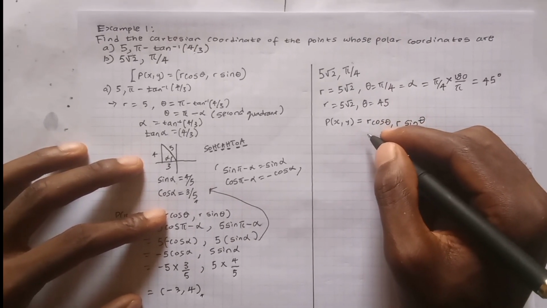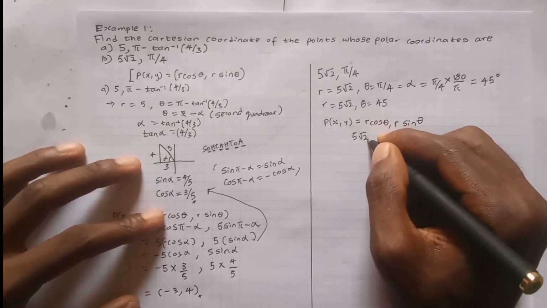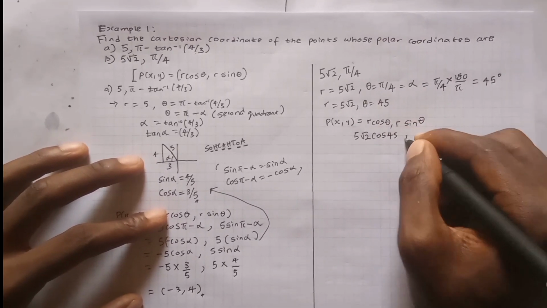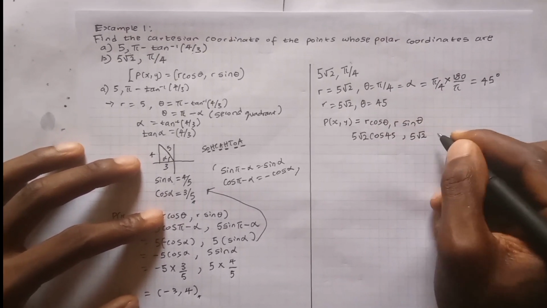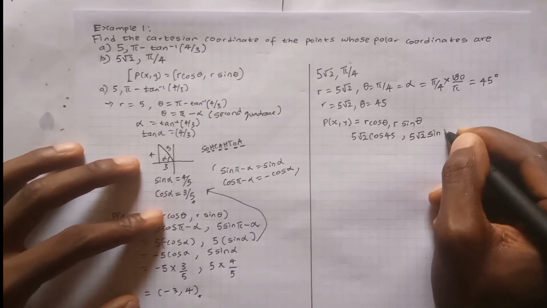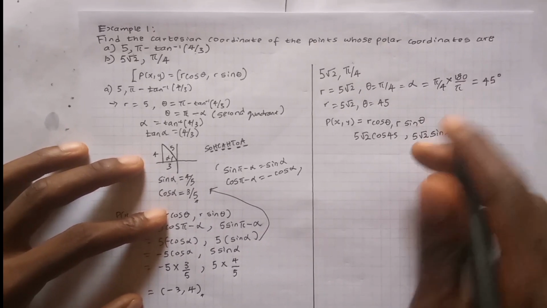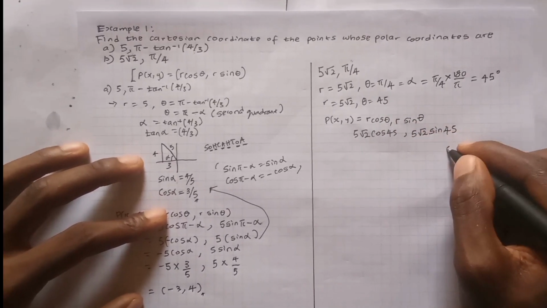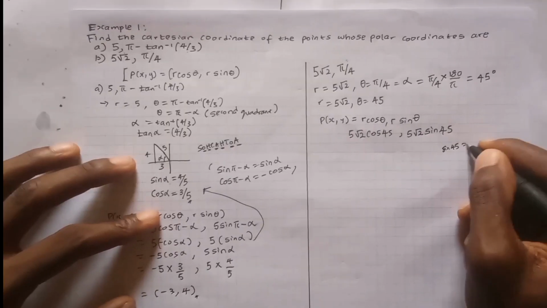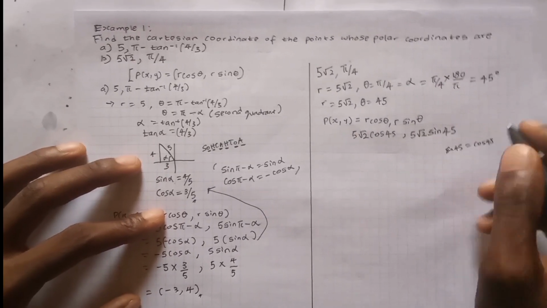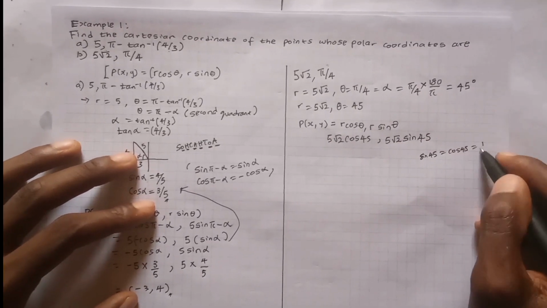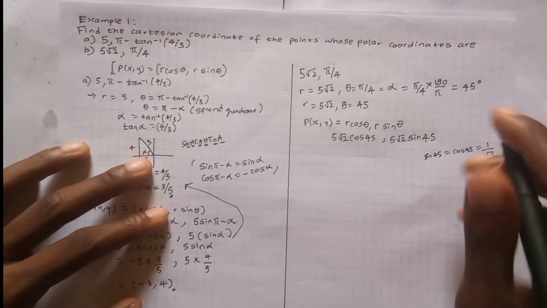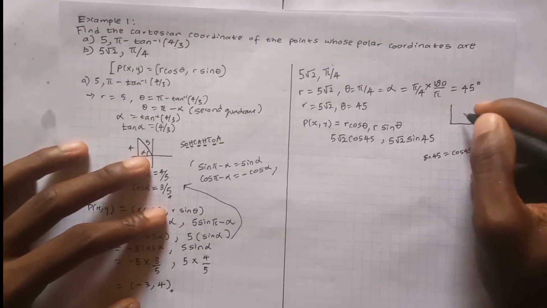Now what is r? 5√2 multiplied by cos 45. And then we have 5√2 multiplied by sine 45. Right? So from your trig ratios, you should know that sine 45 is equal to cos 45, and they are both equal to 1/√2.